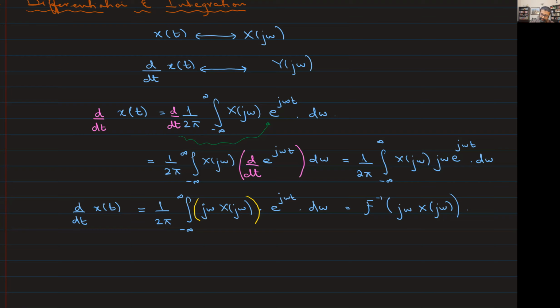And from here, I conclude that the Fourier transform of the derivative of x of t is simply equal to j omega times X of j omega. A nice and elegant result.